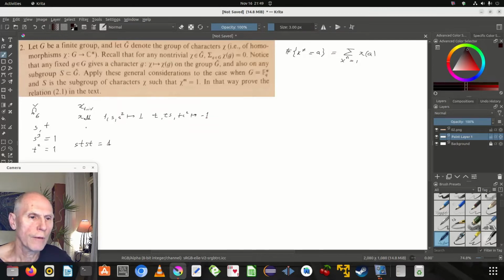So for any, we shall have that. I'm trying to find another one to see if there are more. So we'll just write up what conditions it must fulfill. Phi of s to the third must be 1, so it must be a root of unity.